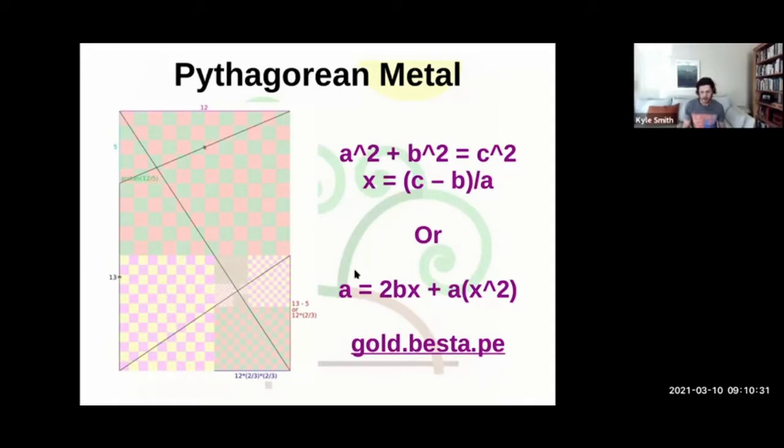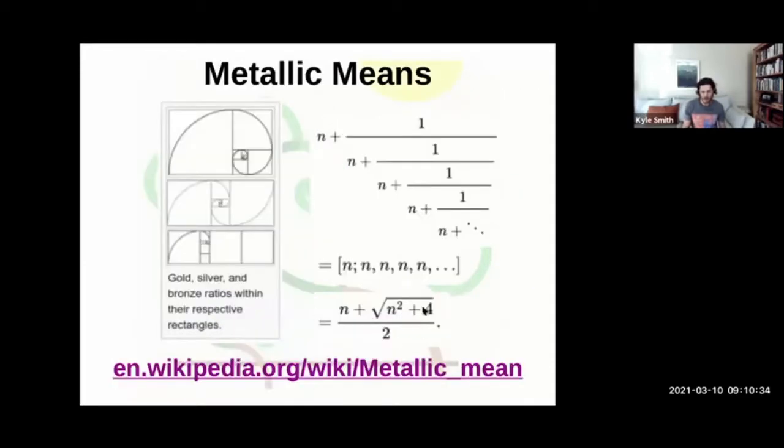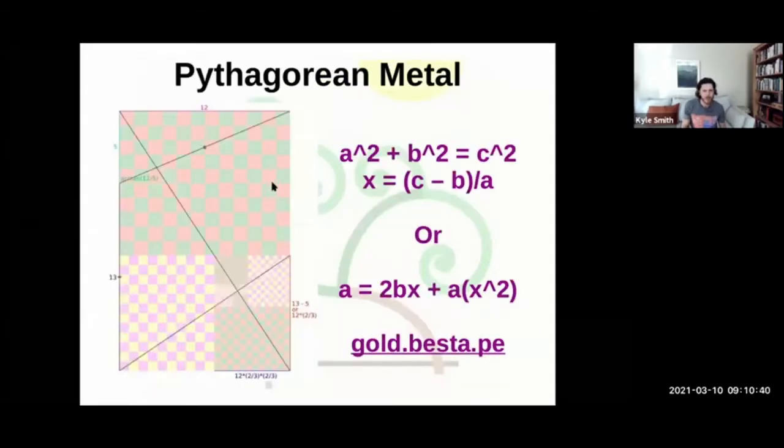So instead of using this formula here for closed form, which only works for the metallic means, we can use it for any type of right triangle as a seed, using a squared plus b squared equals c squared. And then just have the c minus b.